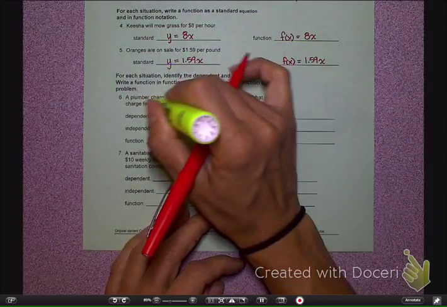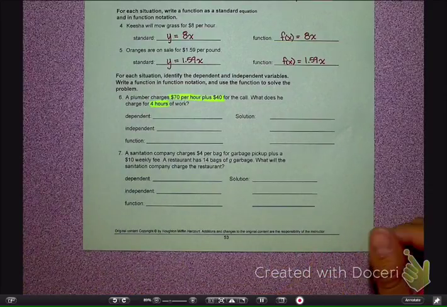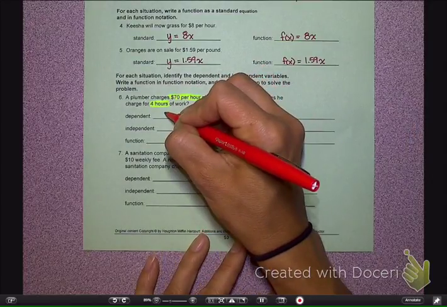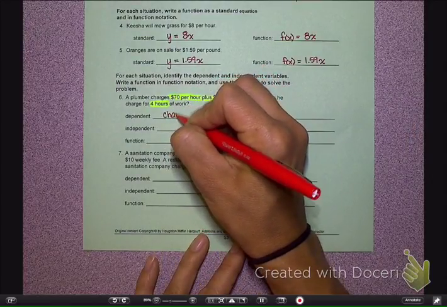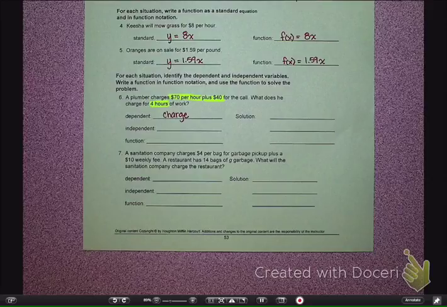So first of all, what's the dependent variable here? The cost or the charge. I'll use the word charge since that's what they used in the problem. Now, what's independent? The number of hours.